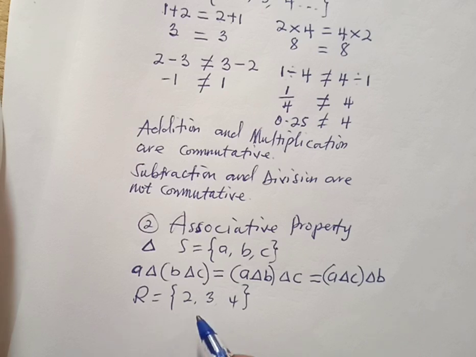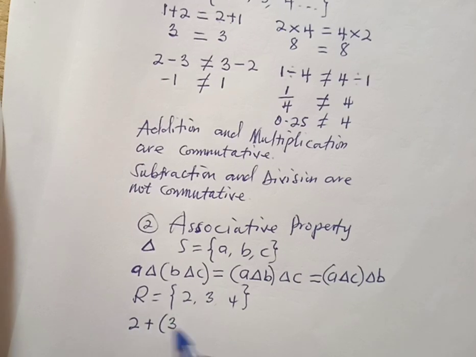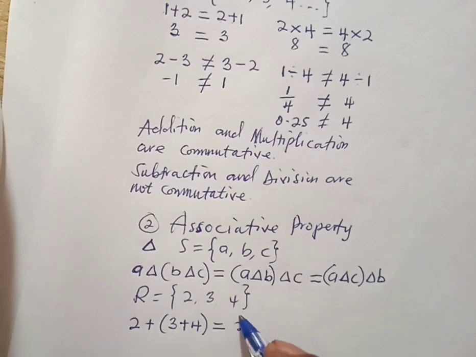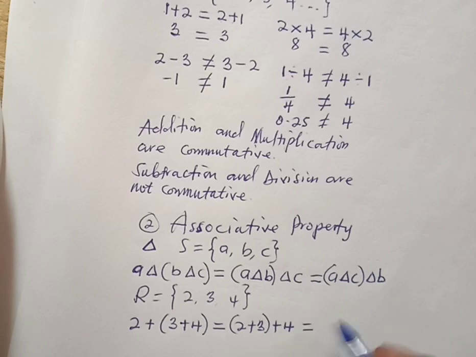So let's use addition first. If I pick 2 plus (3 plus 4), the associativity property states that this should be equal to (2 plus 3) plus 4, and at the same time should also be equal to (2 plus 4) plus 3.